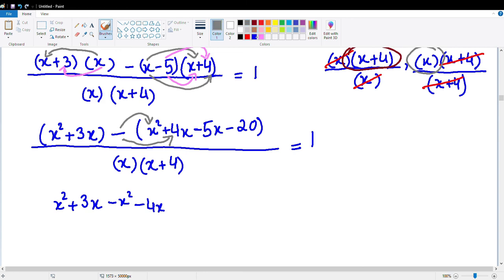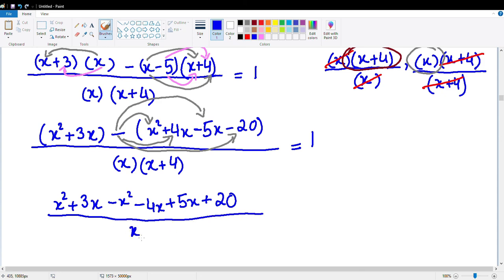And when it multiplies with minus 5x, we'll get plus 5x. And when minus multiplies with minus 20, we get plus 20 over x into x plus 4.